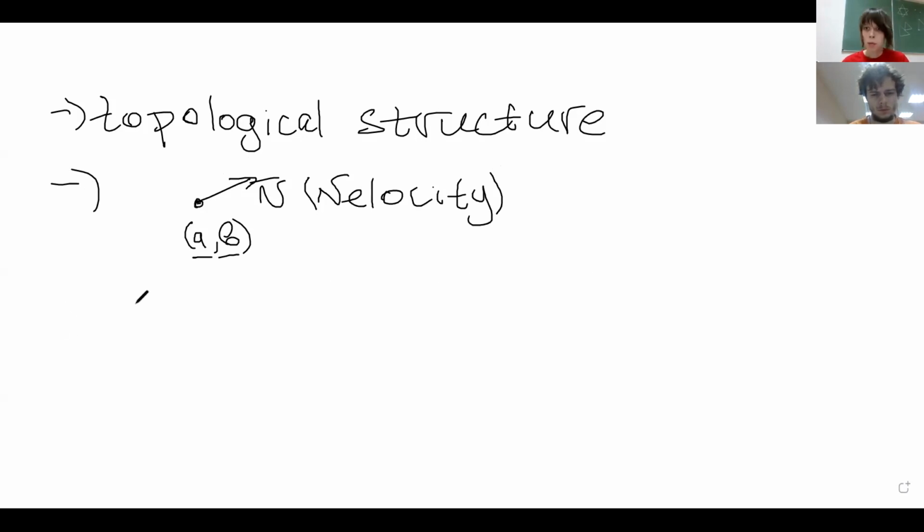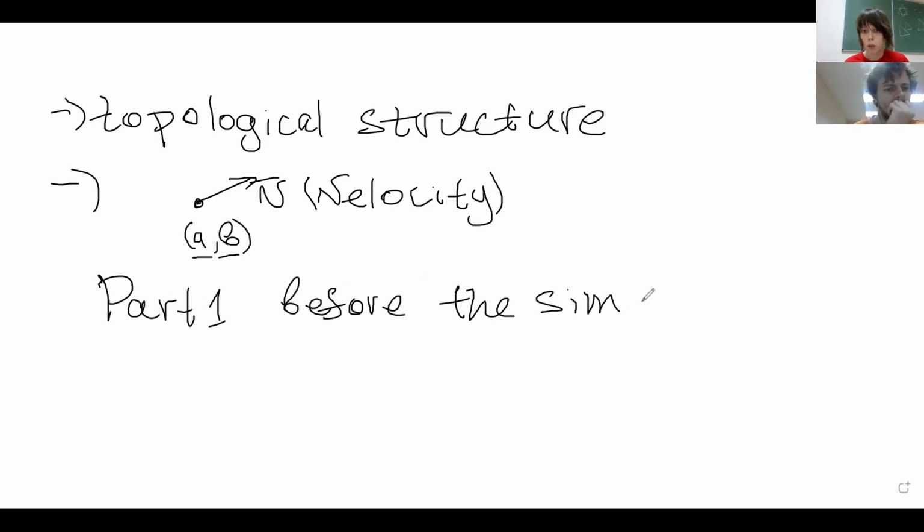Let's talk a little bit about how our project is organized. Part 1: problems before the semifinals. There are a lot of examples of phase spaces. Most of them are quite simple, but some of them may require clever Olympiad-style tricks.